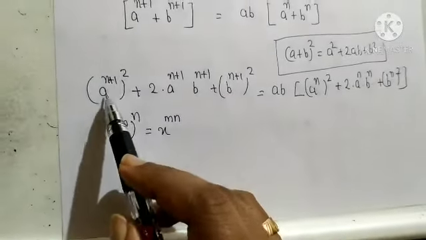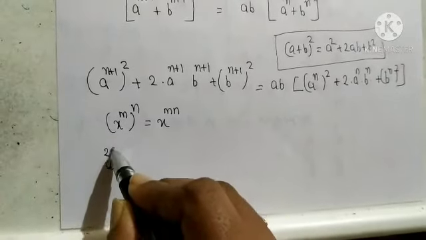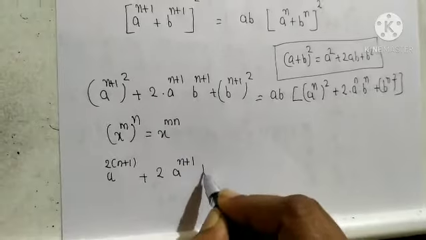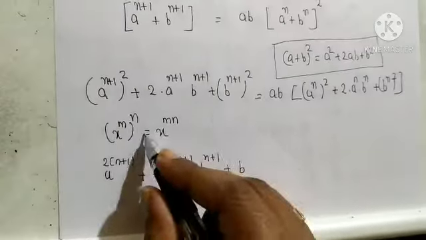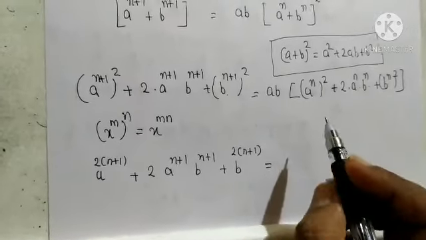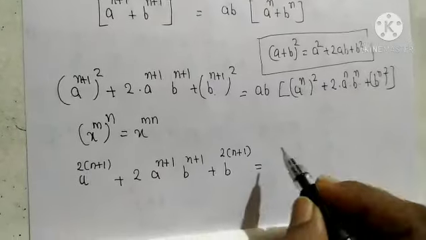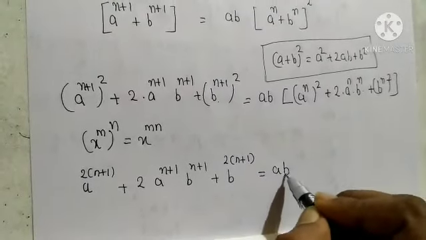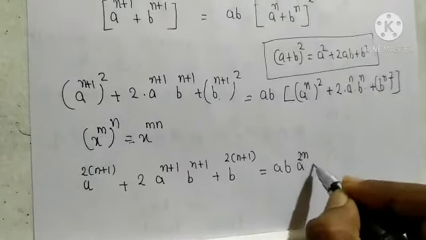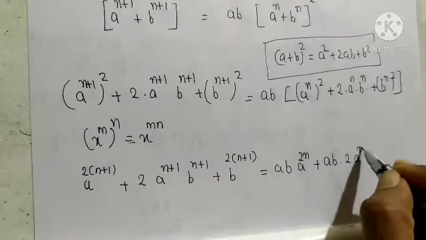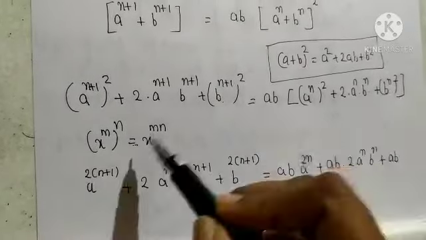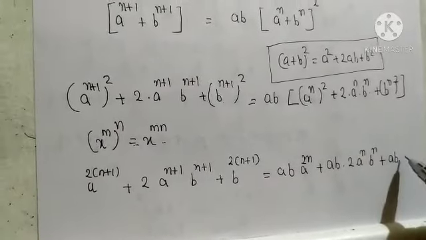So using this formula this term will become a raised to 2 into n plus 1, plus 2 into a raised to n plus 1 into b raised to n plus 1, plus, using again the law of exponent, b raised to 2 into n plus 1, equal to, and here I am going to open this bracket, so it will become ab into a raised to 2n plus ab into 2 into a raised to n into b raised to n plus ab into, using the same law of exponent, b raised to 2n.